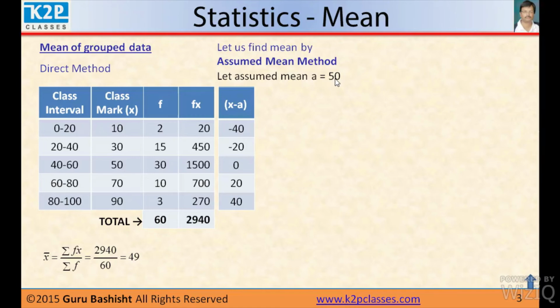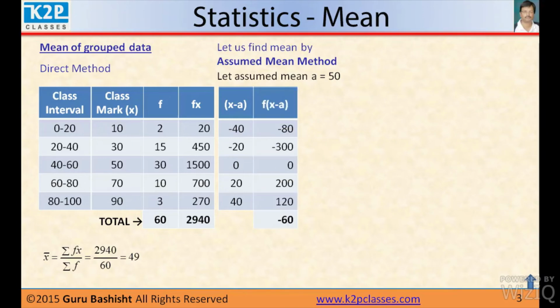So I have assumed the mean is 50 and I am taking the difference from the assumed mean. So 10 minus 50 is minus 40, 30 minus 50 is minus 20, 50 minus 50 is 0, 70 minus 50 is 20, 90 minus 50 is 40. If you see, the numbers are coming smaller, and if we add, again we will get a smaller number.